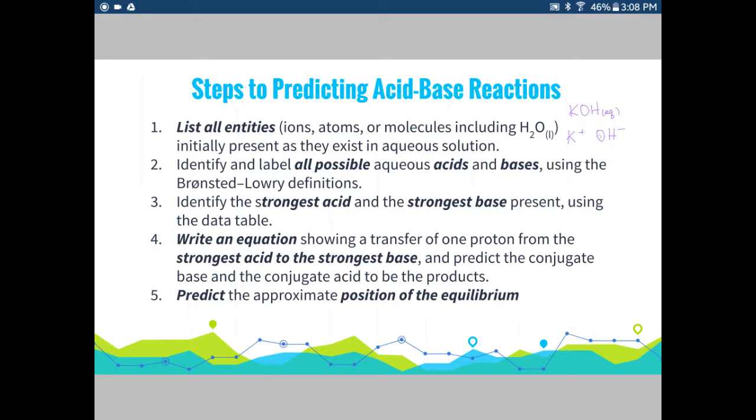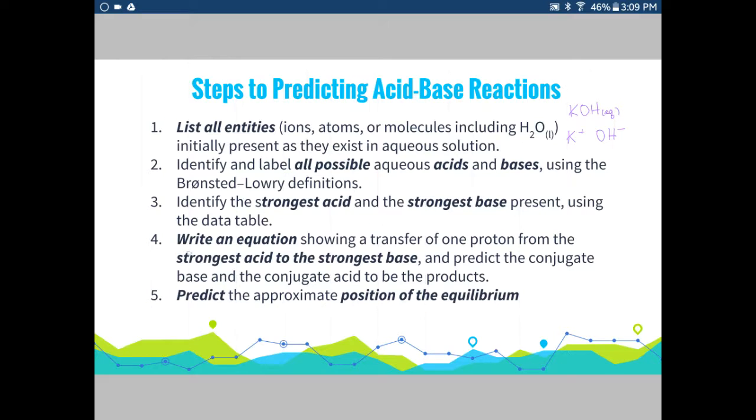Once we have all of our entities listed, step 2 is to identify, based on our data table, all possible acids and bases, using our Bronsted-Lowry definition. Step 3 is to identify our strongest acid and our strongest base using our data table. Everything we do here, we have to have our data table out to check those acids and bases.